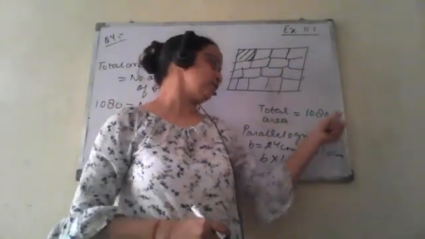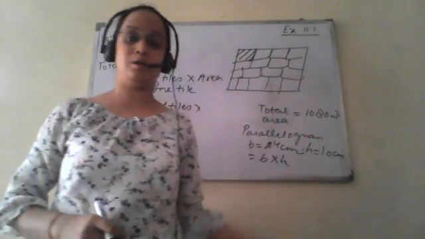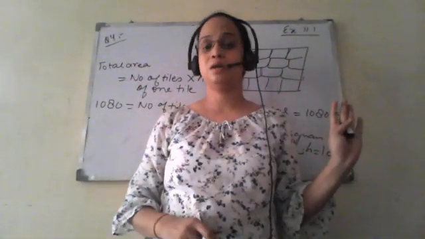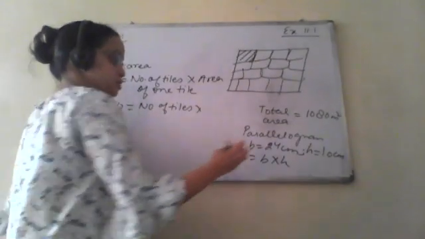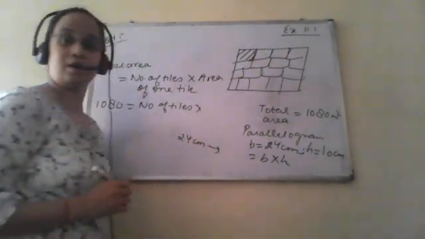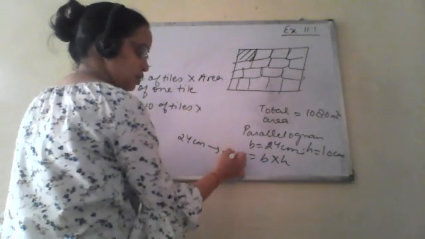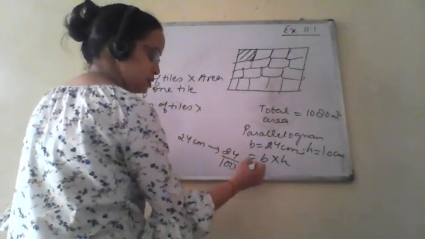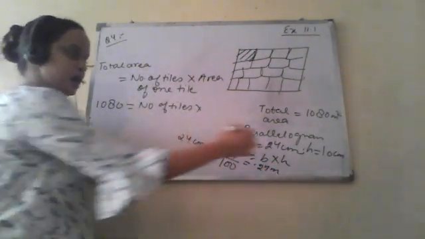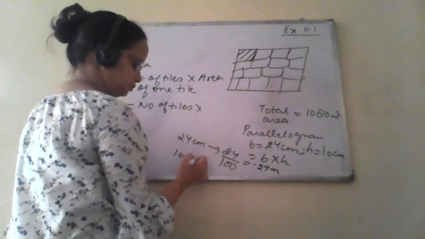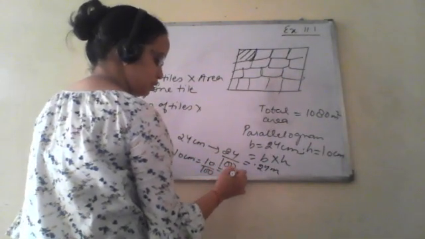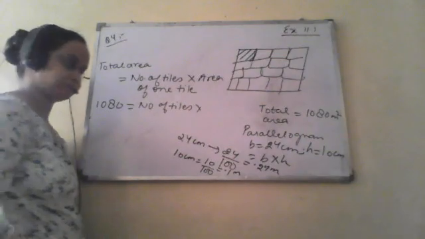So either we convert this meter square into centimeter square, or we convert the centimeter into meter. So 24 centimeter we have to convert into meter. We just divide by 100. It is equal to 0.24 meter. Clear? And this 10 centimeter will be 10 upon 100. It will be 0.1 meter. Clear?